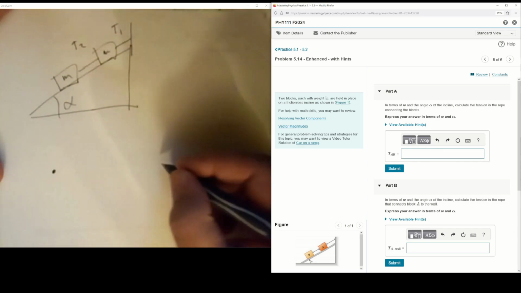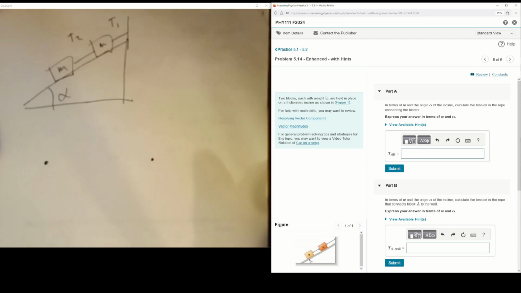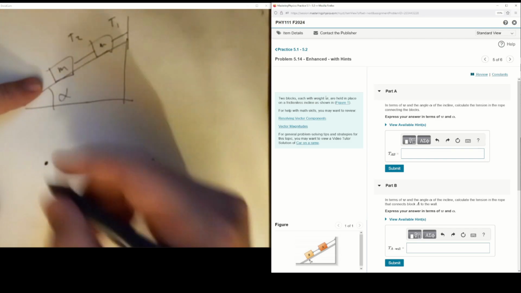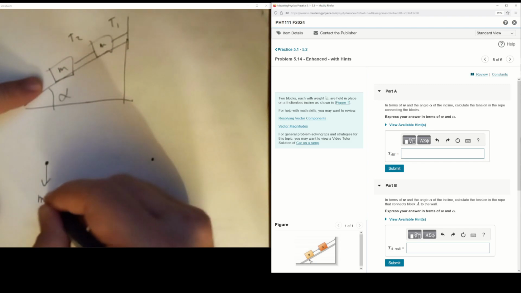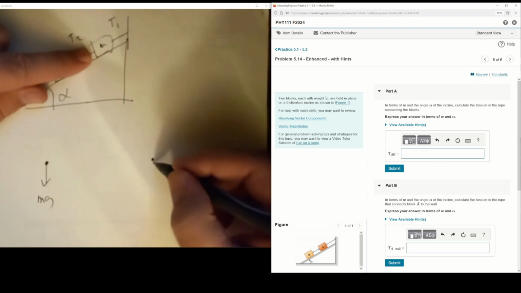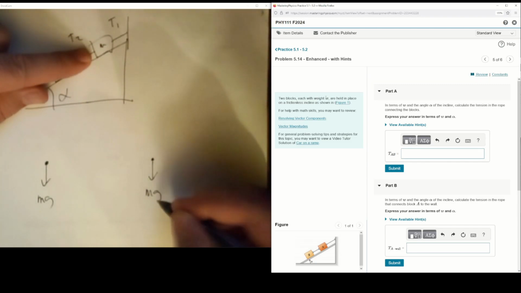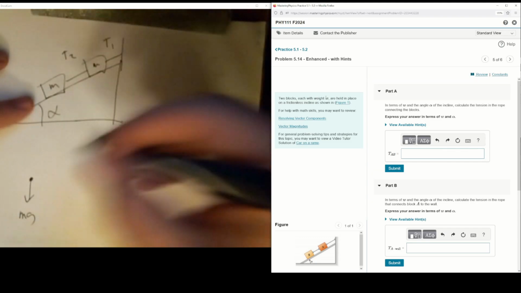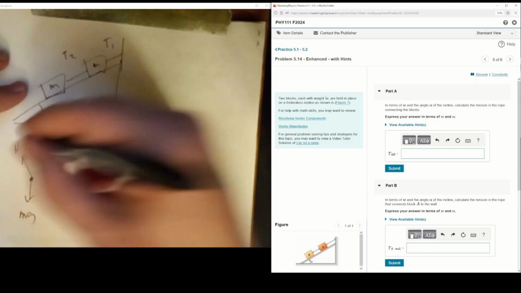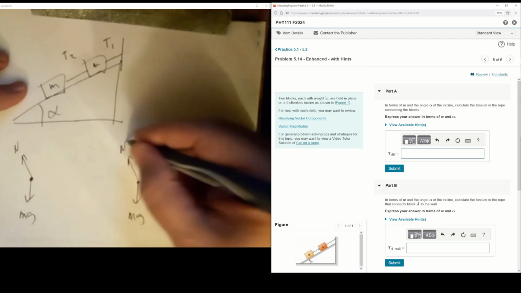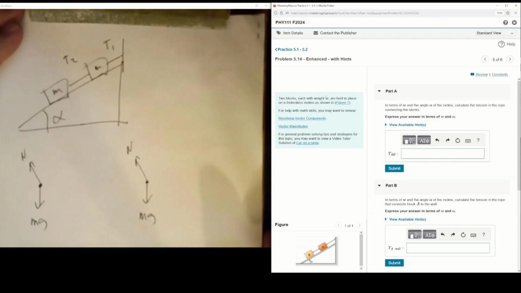And let me do the two free body diagrams for both of these at the same time so you can see them. Starting from the left, we have gravity down. We also have gravity down on the other block. Both of these are in contact with the surface, so there's a normal force off at an angle since we have a ramp.